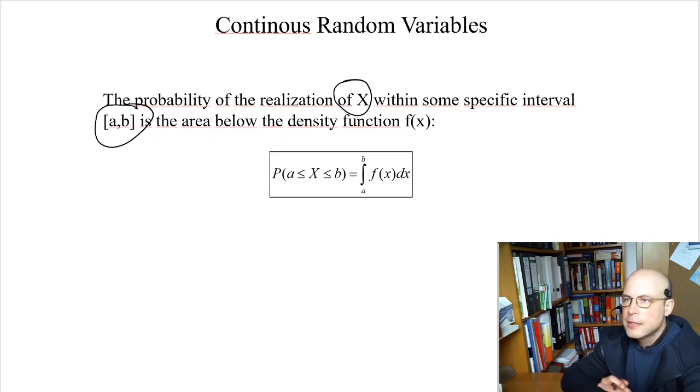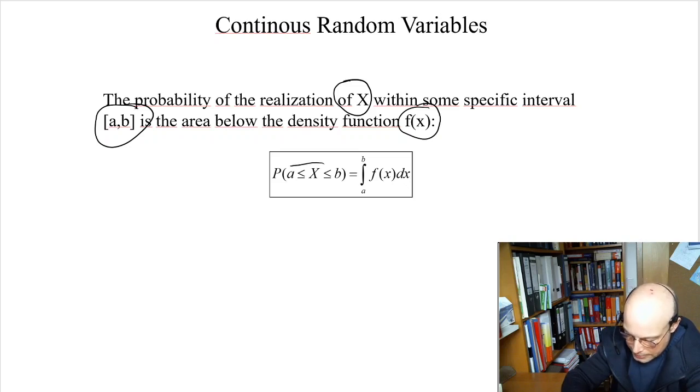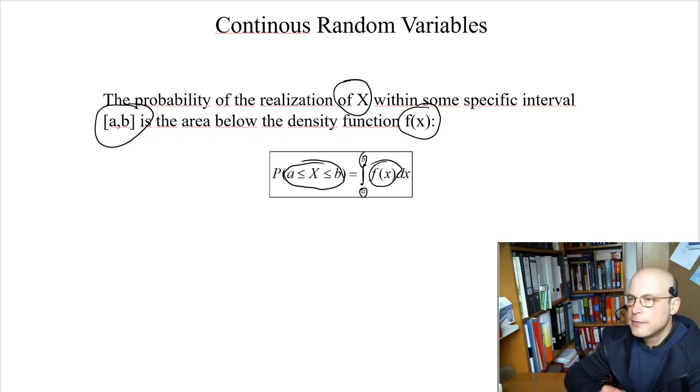And this just means that we have to calculate the area below our density function. So the probability that X is within the interval a and b is the integral from a to b over our density function.